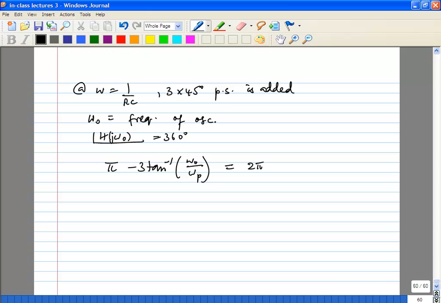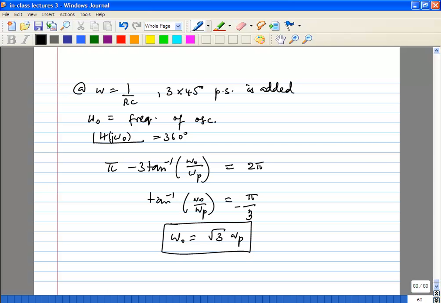Is that clear to everyone? Okay. So you get tan inverse of omega naught over omega p to be pi by 3, which is root 3. Pi by 3 is what? Root 3 over 2 and then half. So it will give you root 3.